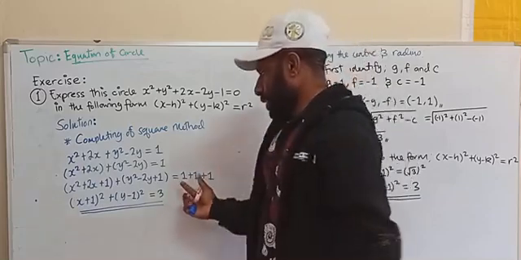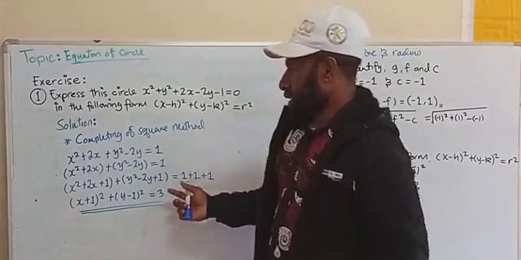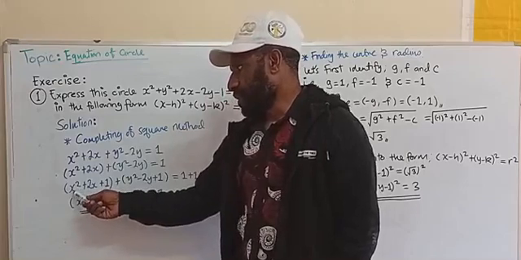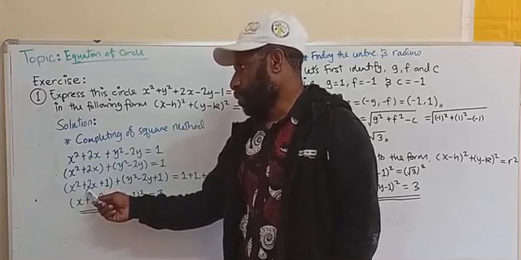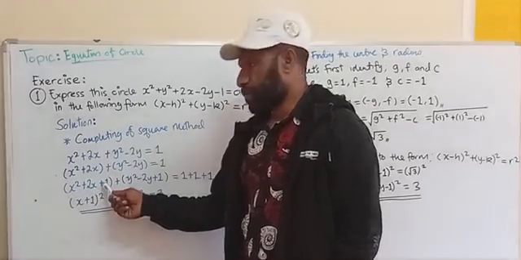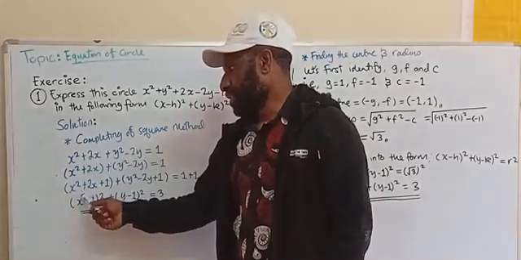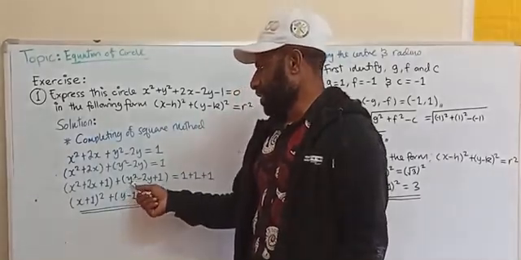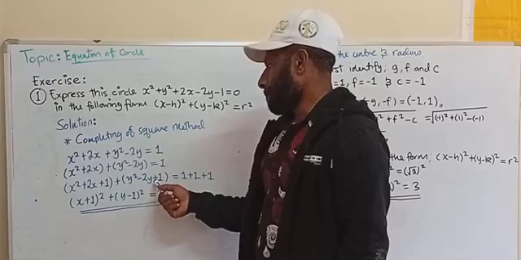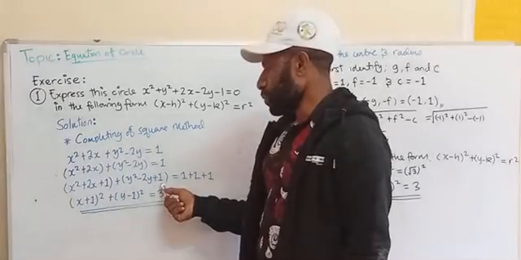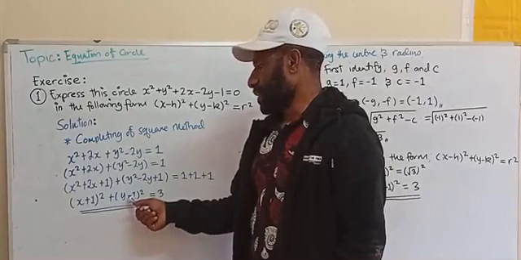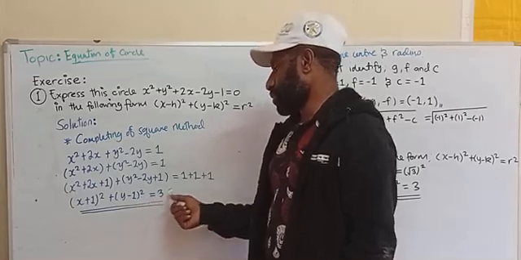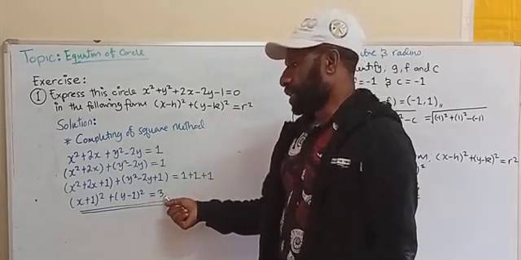Now x squared plus 2x plus 1 factorizes to (x plus 1) squared. Similarly, y squared minus 2y plus 1 factorizes to (y minus 1) squared. It equals 1 plus 1 plus 1, which is 3.